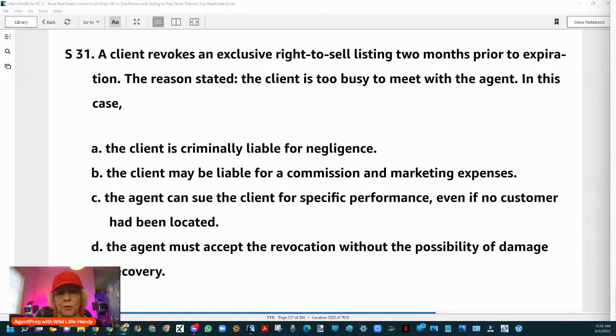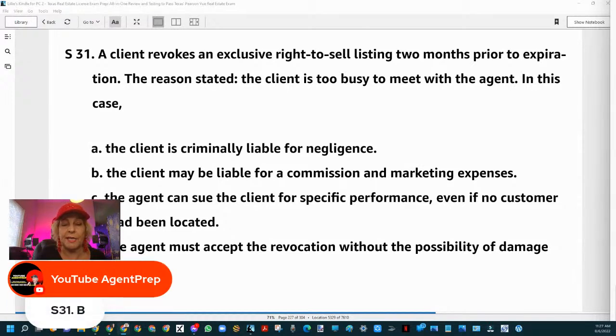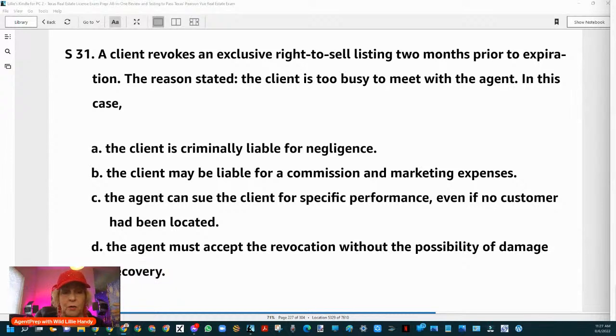So the owner is not performing to their contract. They're expiring 2 months early, right? However, they can only revoke it with the agreement of the broker. So if the broker lets them out, they may not have to pay for commission or marketing expenses. Okay, but if the agent says, yeah, man, I did a lot of work and I want the commission and marketing.